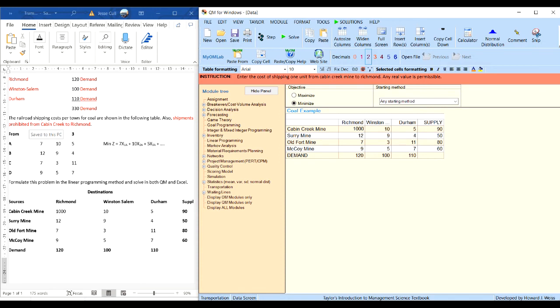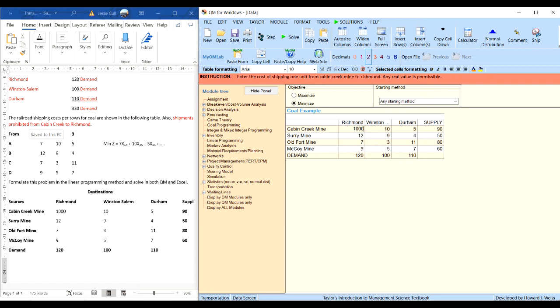We see that from Cabin Creek, Winston is 10, Durham is 5, Richmond is 1,000. Cabin Creek would most likely ship their entire supply where? Looks like Durham. It looks like they're going to send their entire supply to Durham. It's significantly cheaper for them to ship to Durham.